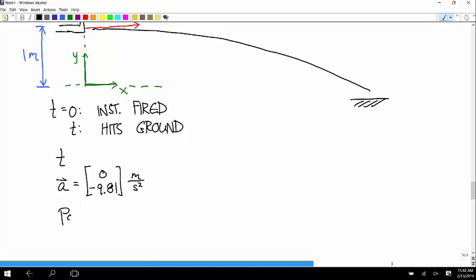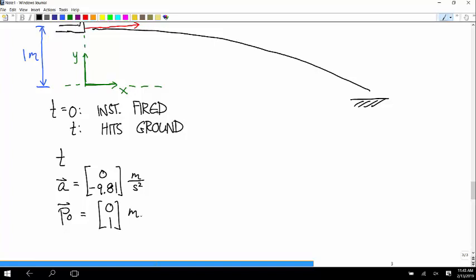Do we know the initial position? It's 1 meter in the positive y direction from the origin. So that's going to be 0x, 1y.